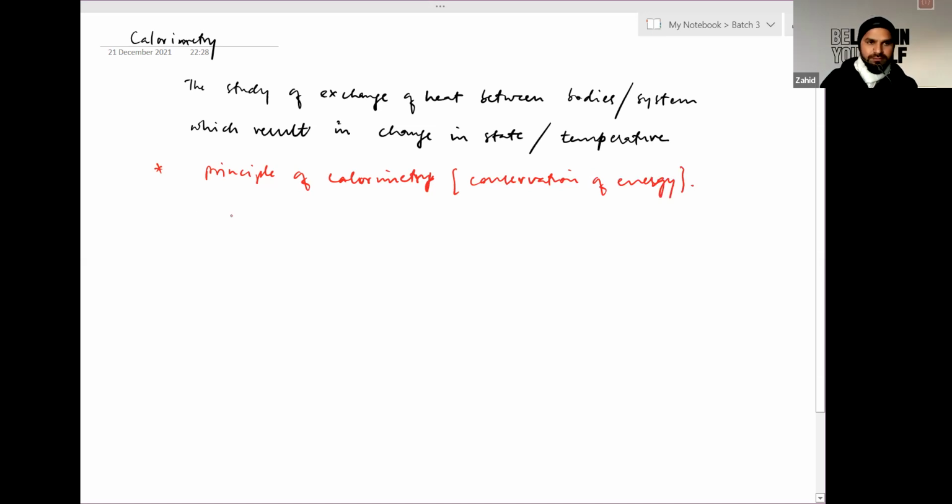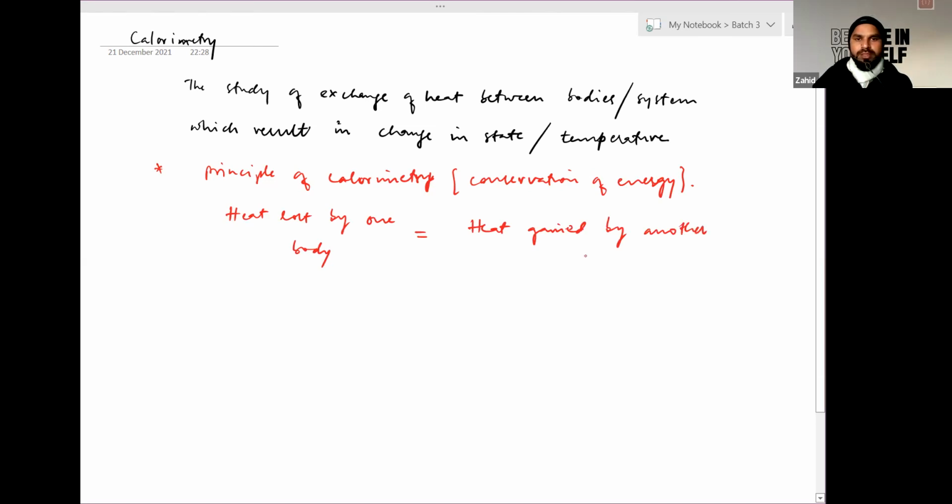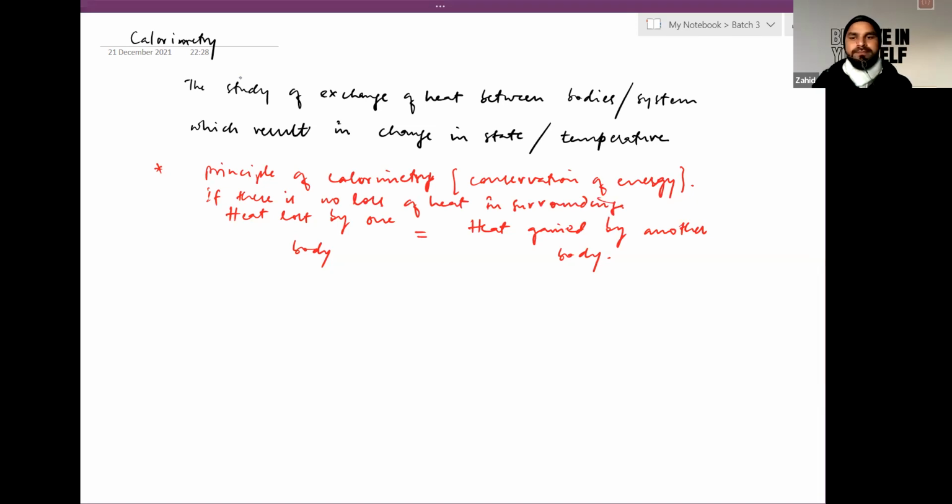It states heat lost by one body or system must equal heat gained by another body or system if there is no loss of heat in the surroundings. Riba, is it clear? Yes, sir.